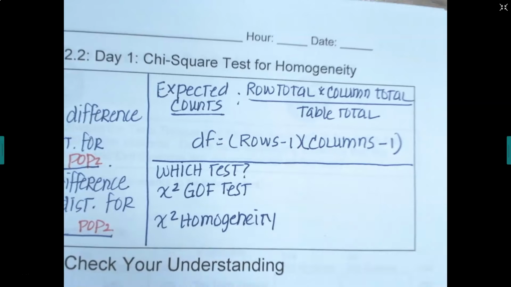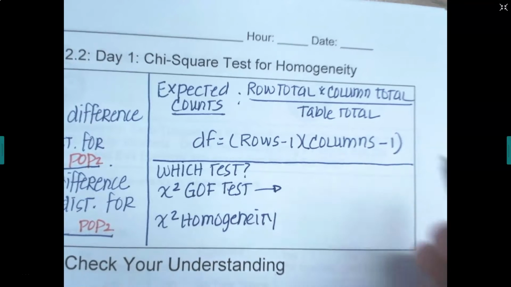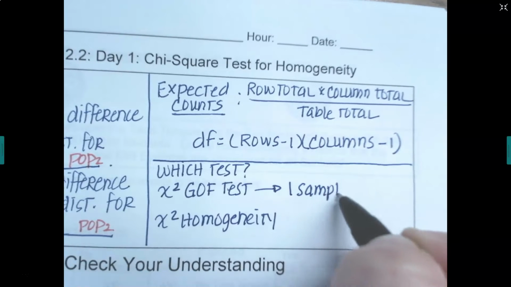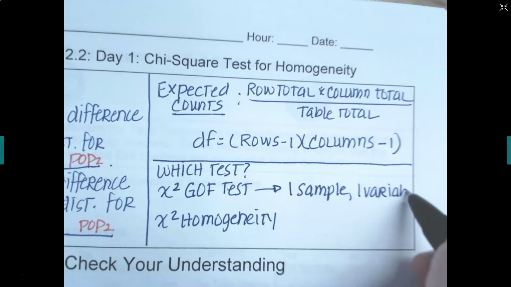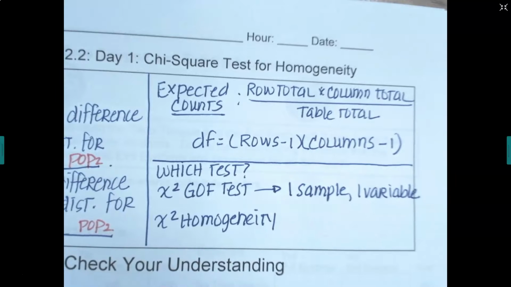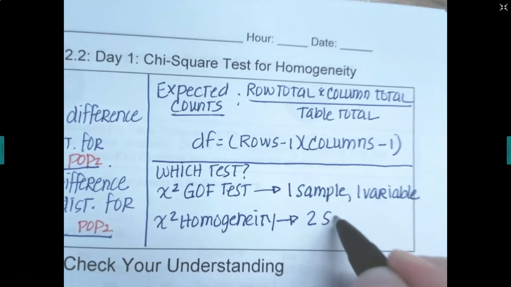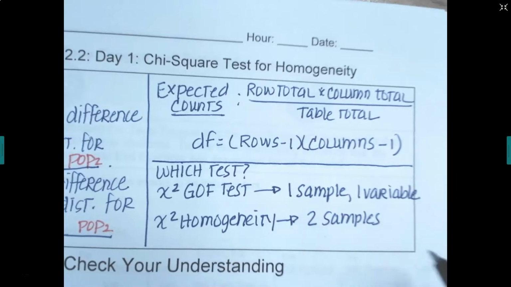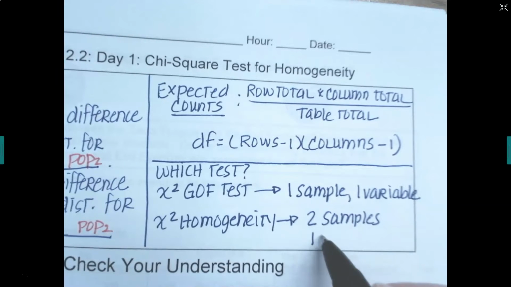Okay, so how can you tell these apart when you're working them? So the goodness of fit is one sample and one variable. Okay, the homogeneity is going to be two samples because we want to see if they're the same. So between the two things, are they homogeneous, means the same. Two samples, and we're only looking at one variable.